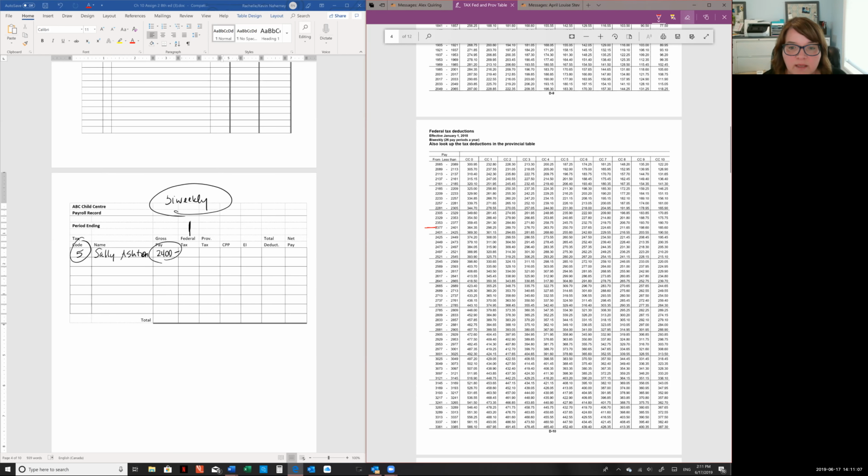The dollar value that she made helps us find the number on the left-hand side of the chart, and the tax code helps us go across the top of the chart. She is code number 5. So where do these numbers meet?